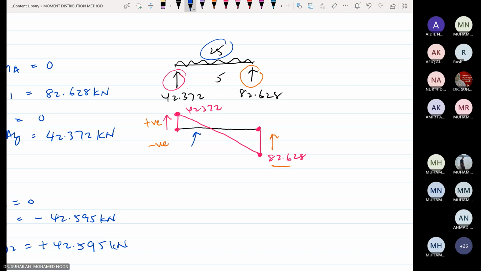What do you get? 1.69. Now check 82.628 divided by 25. What do you get?